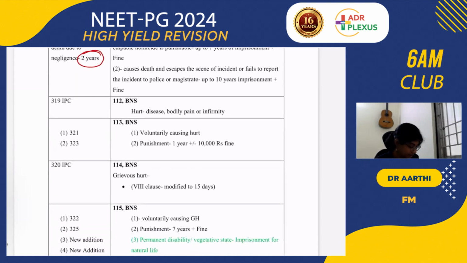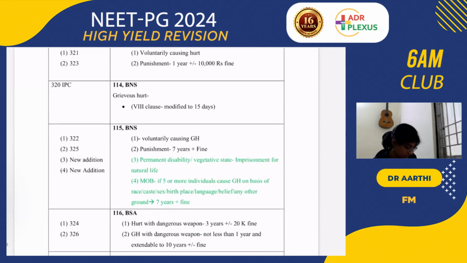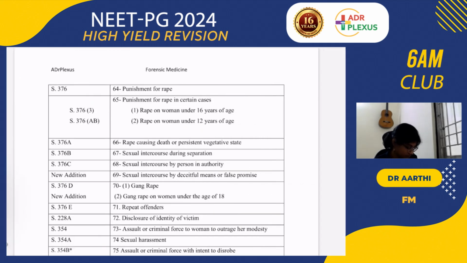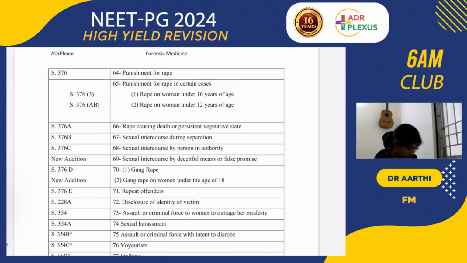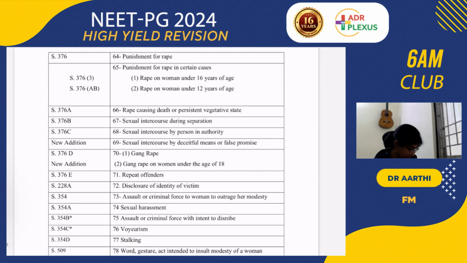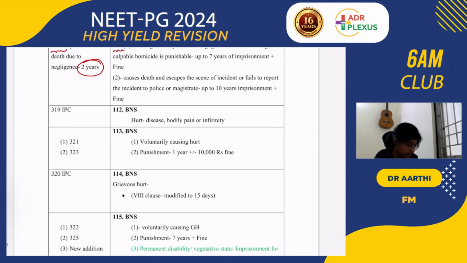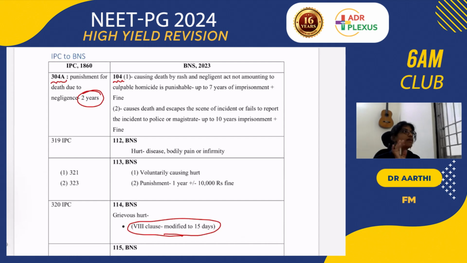And another part I wanted to stress on was grievous hurt. In grievous hurt, previously we were studying 20 days. In the newer modification, they have brought in 15 days. So again, it's a new one that's going to come into implementation in July only.